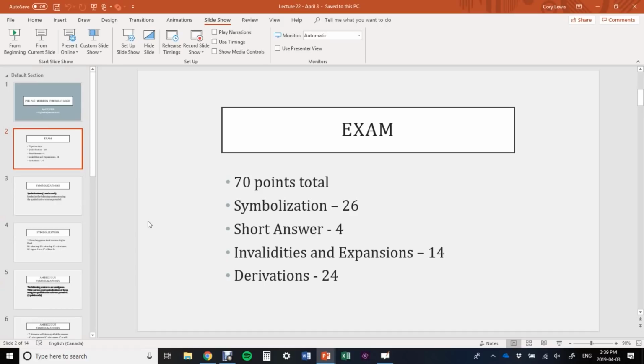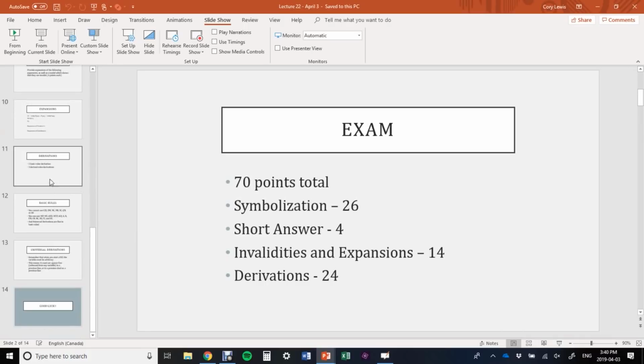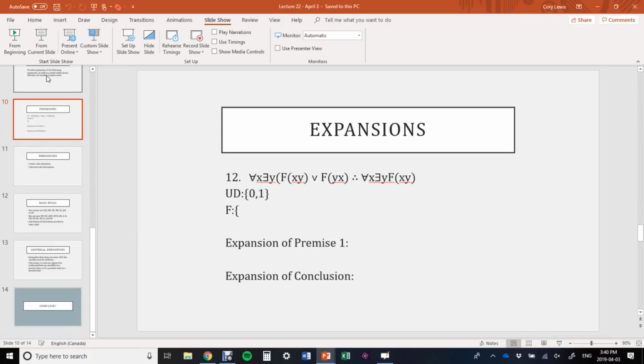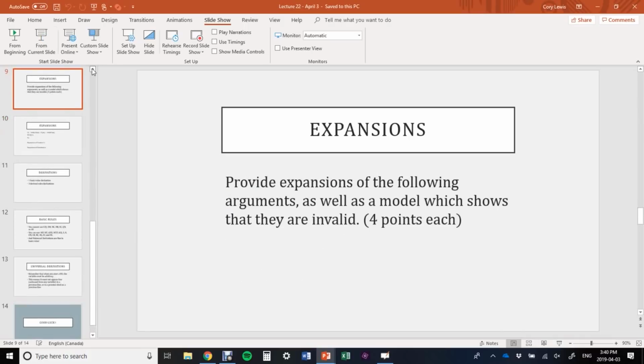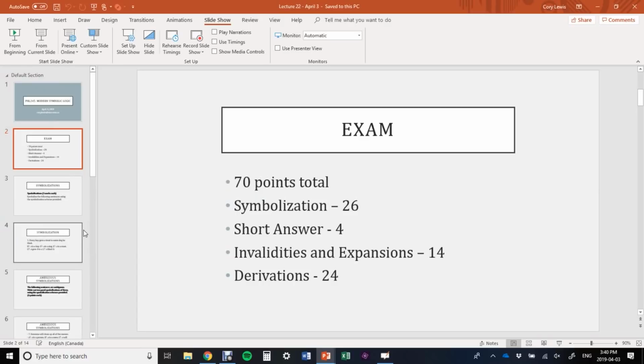So invalidities and expansions, the invalidities are worth 2 apiece. I think there's 3 of them. And the expansions are worth 4 apiece, and I think there's also 2 of them. Does that add up? So 14. I think there's 2.